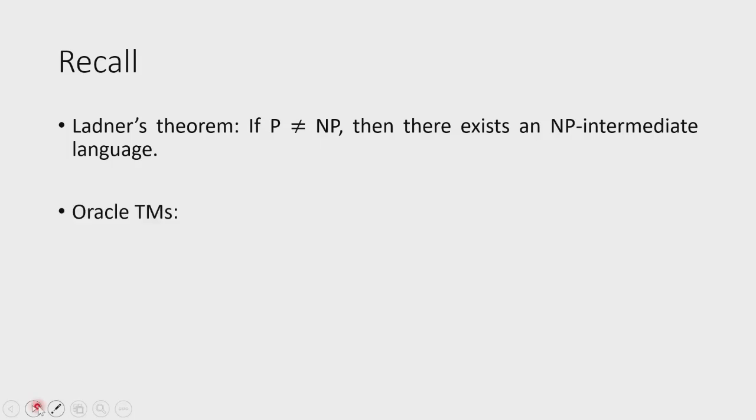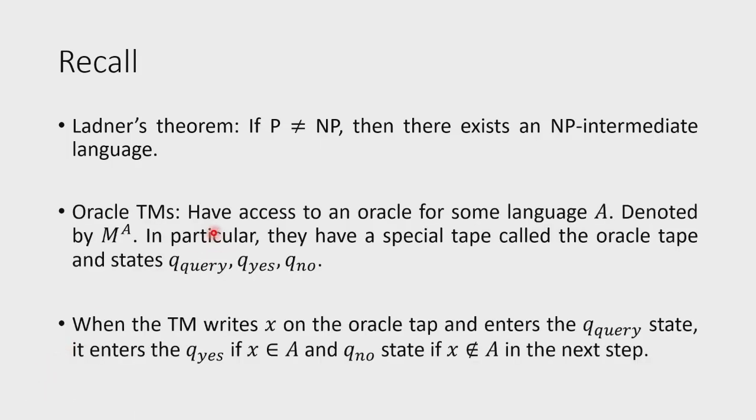And then you would have seen something called Oracle Turing machines. An Oracle Turing machine is a Turing machine that has access to an oracle of some language A. So what is an oracle for a language A?